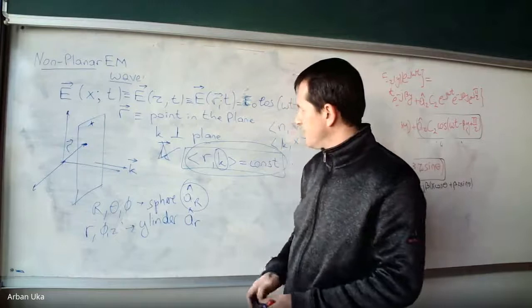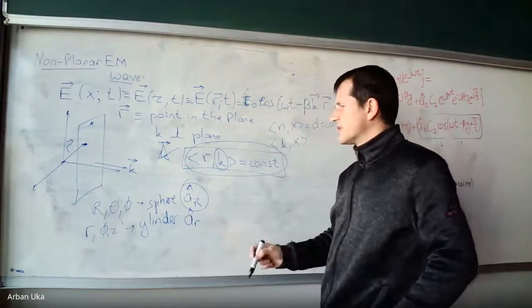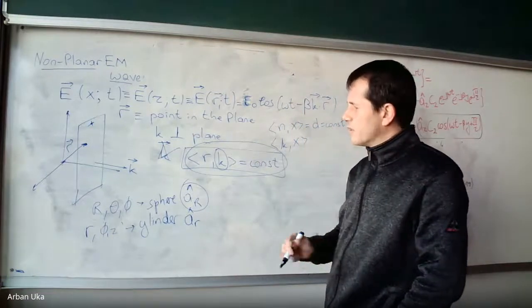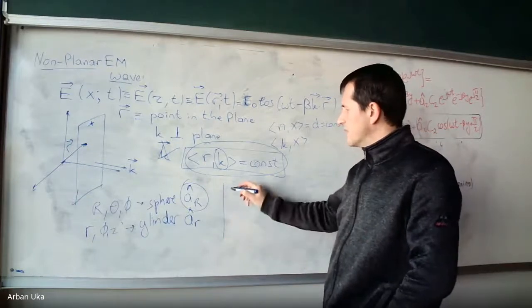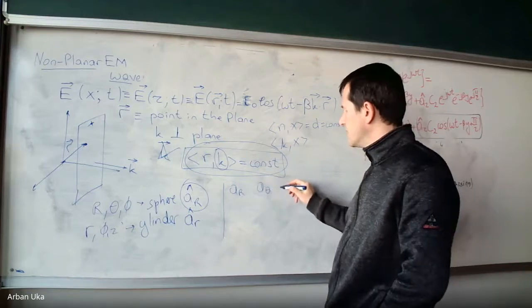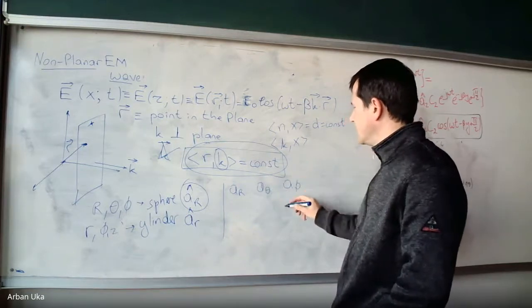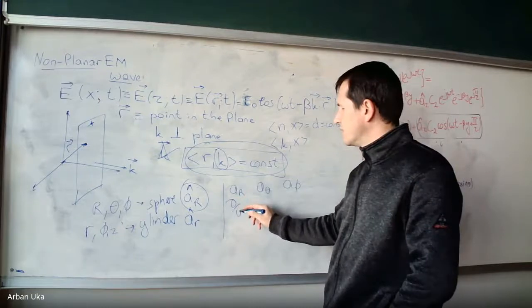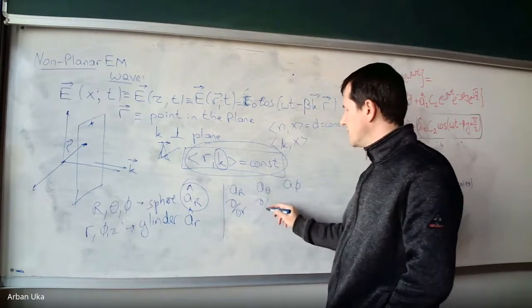Because once you pick up a specific coordinate system, you remember that then we have to do the following. We have here AR, this is A theta, we have here A phi, and here we have delta over delta R, delta over delta theta.